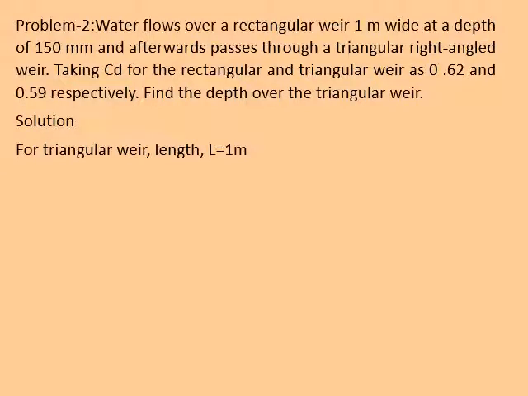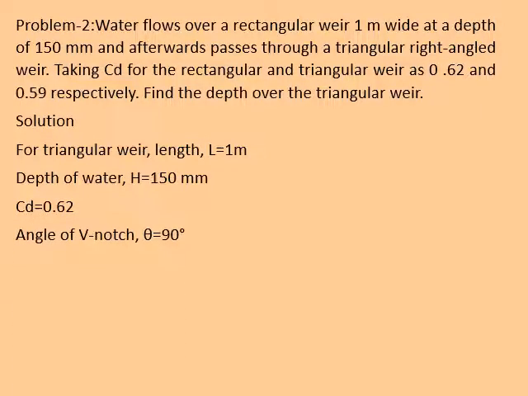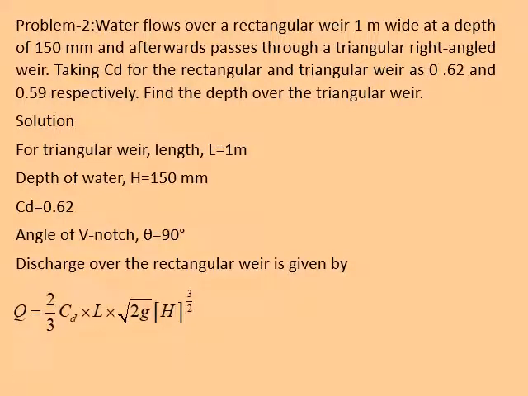Solution: for the rectangular weir, the length is given as 1 meter, the depth of water is h equal to 150 millimeter, and CD for the rectangular notch is 0.62. The angle of the V notch, theta, is equal to 90 degrees. The discharge over the rectangular weir is given by the formula Q is equal to 2 by 3 into CD into L into square root of 2g, then h power 3 by 2.